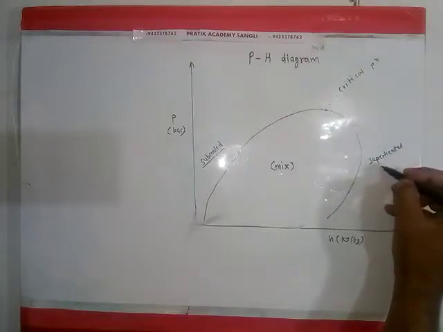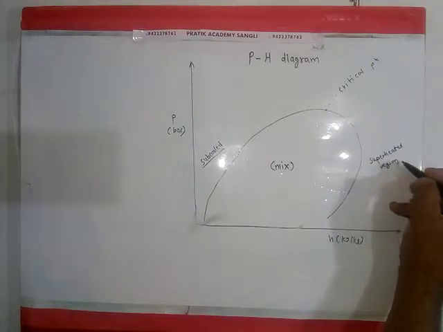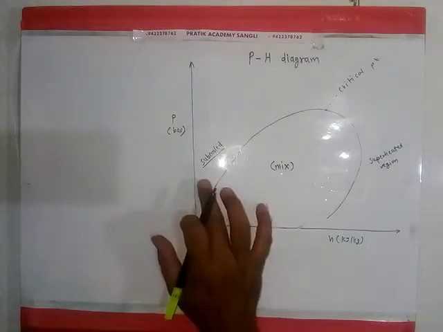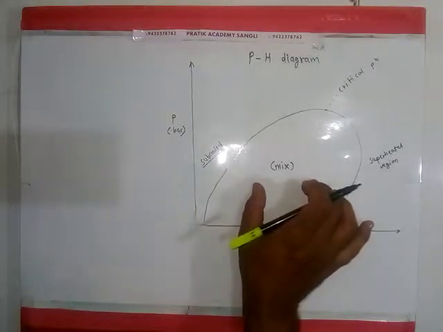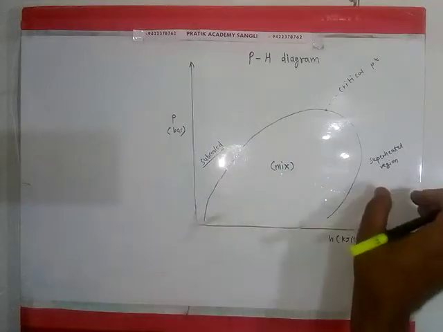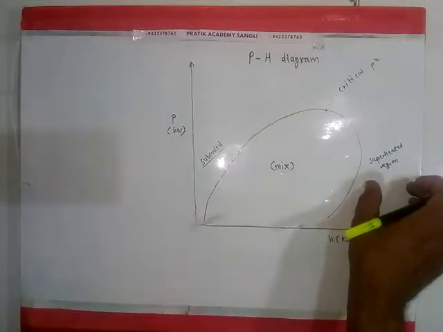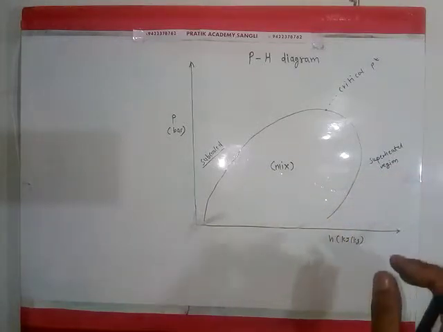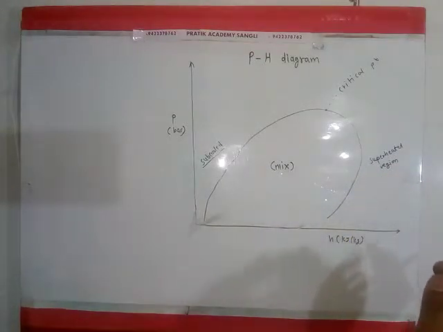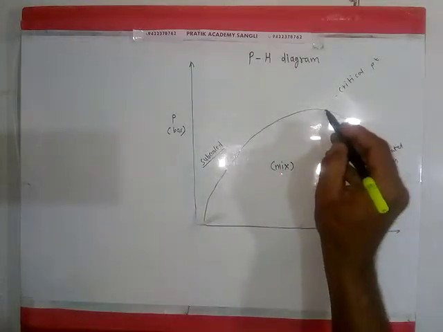Here there is the liquid part, here there is the mixture of liquid plus vapor, and here superheated vapors are there, that is, vapors which are at higher temperatures than saturation temperatures. Then this is the critical point.